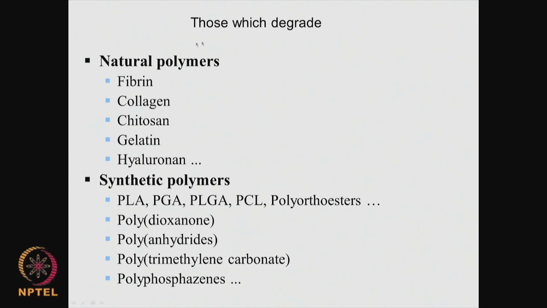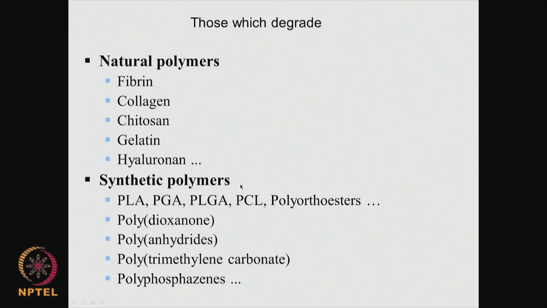So polymers, natural polymers or synthetic polymers. Natural polymers like fibrin, collagen, chitosan, gelatin, hyaluronic acid, cyclic glucans, alpha cyclic glucans, beta cyclic glucans and so on.